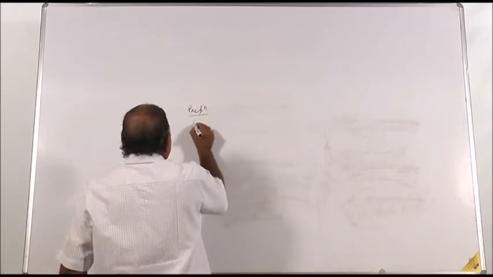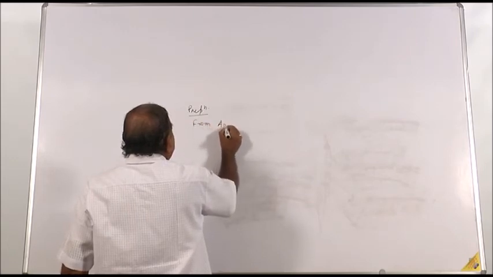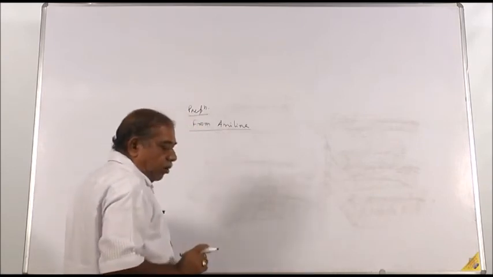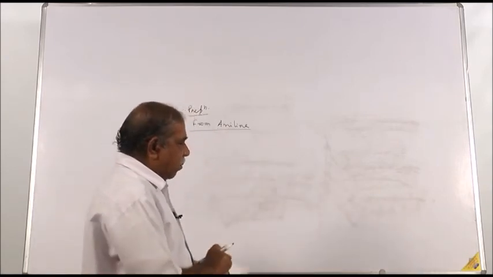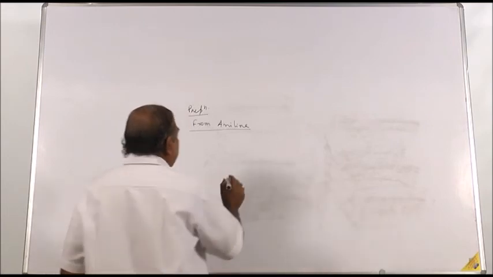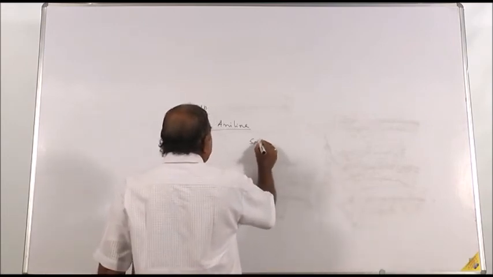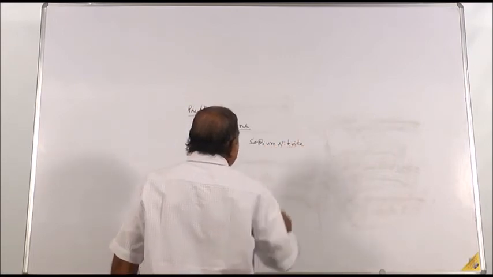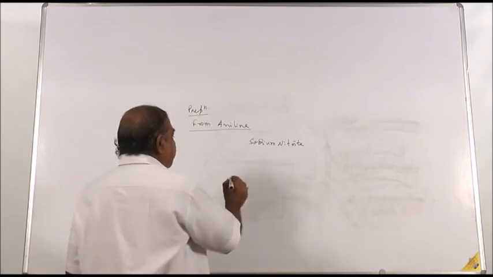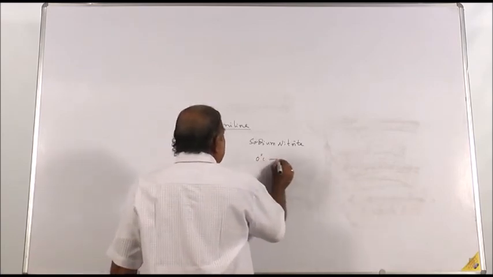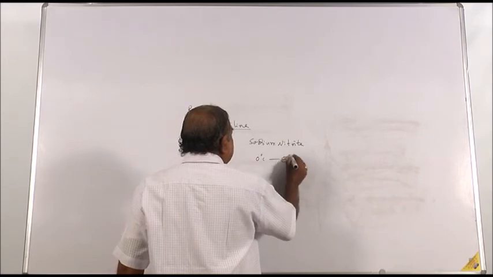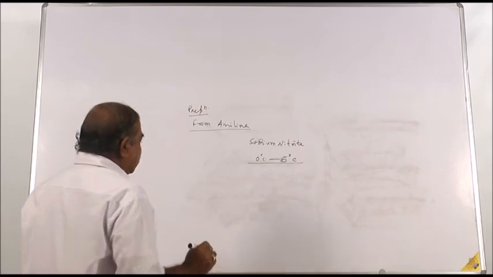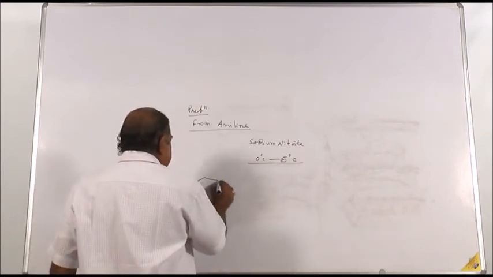Preparation, only one method, from aniline. Aniline is treated with an excess amount of hydrogen chloride, then with a calculated amount of sodium nitrite, at very low temperature, between 0 degree centigrade to 5 degree centigrade, we get benzene diazonium chloride, which remains in solution.